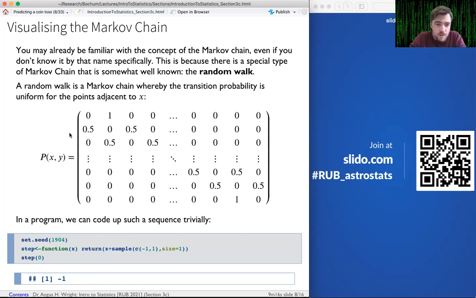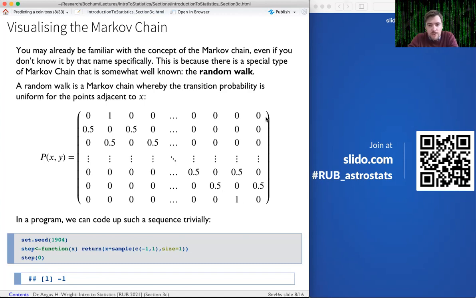If we are at point X1, there's a 50% chance we'll go to X0 and a 50% chance we'll go to X2. If we're at X2, there's a 50% chance we'll go to X1, 50% chance we'll go to X3, et cetera, all the way through to Xn minus 1, with a 50% chance of going to Xn and a 50% chance of Xn minus 2.